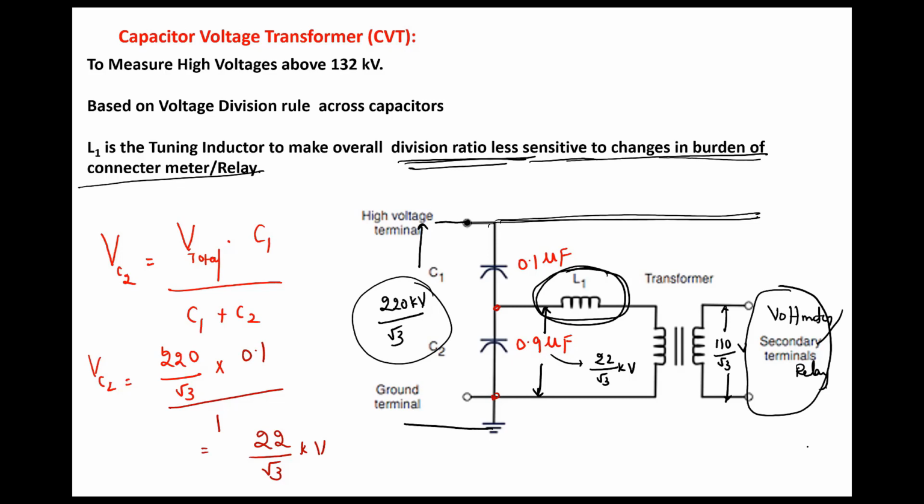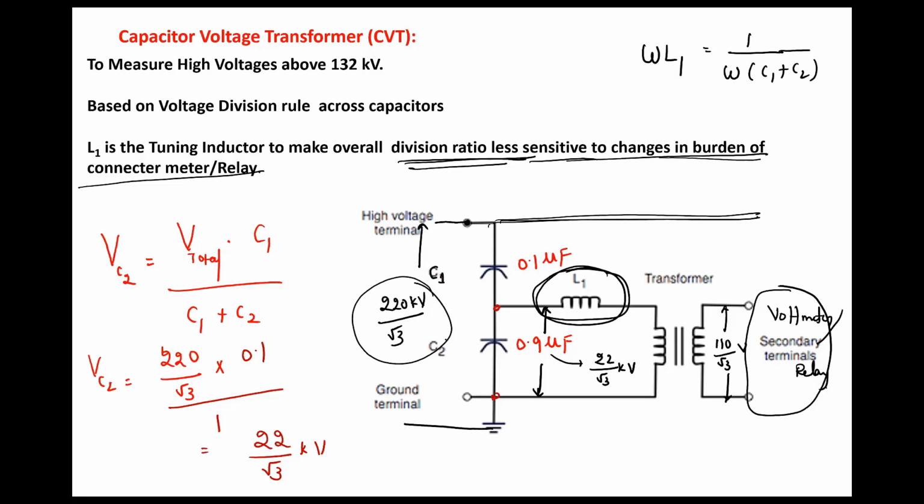One more important point is that the value of the tuning inductor is selected such that omega L1, the reactive impedance, is equal to 1 by omega into (C1 plus C2), where C1 and C2 are these capacitances.